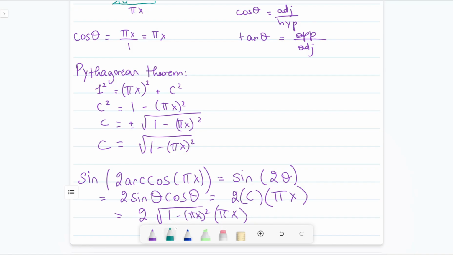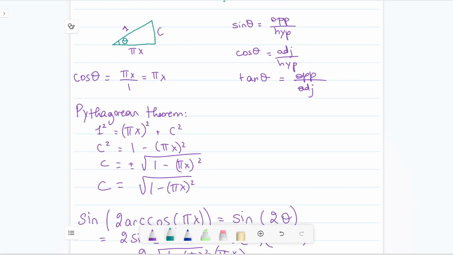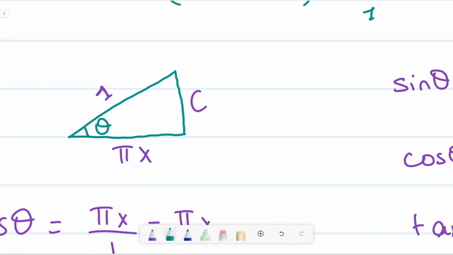So now let's get rid of the trig. So let's get rid of sine and let's get rid of cosine because this is what the question wants. So let's find sine theta. Sine theta is equal to opposite over hypotenuse, and the opposite side is here.